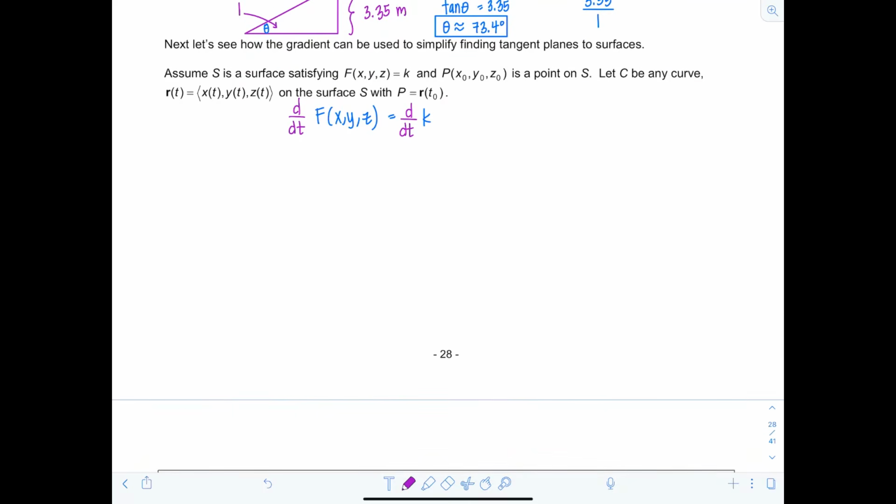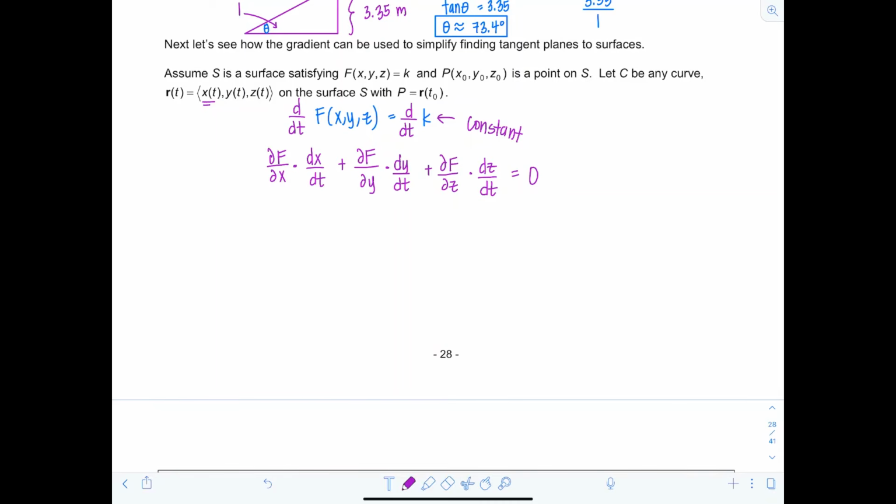Well, remember, since f is a function of x, y, and z, I'm going to have to apply the chain rule, so I'll have del f del x times, now x is just a function of t, so that would be dx dt, not a partial, plus del f del y times dy dt, plus del f del z times dz dt is equal to 0, because k is a constant.